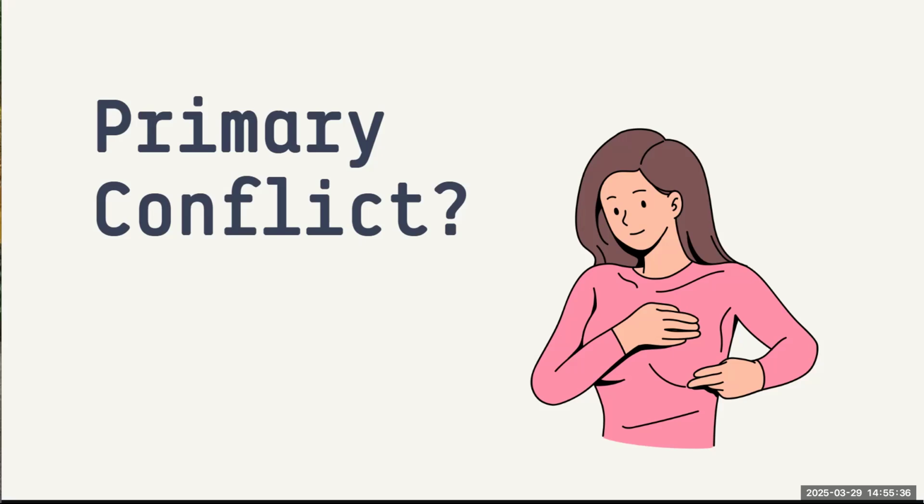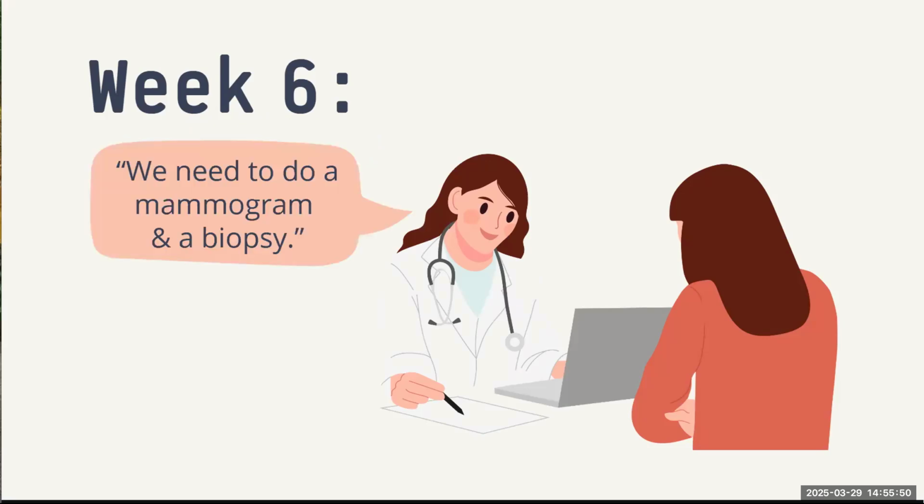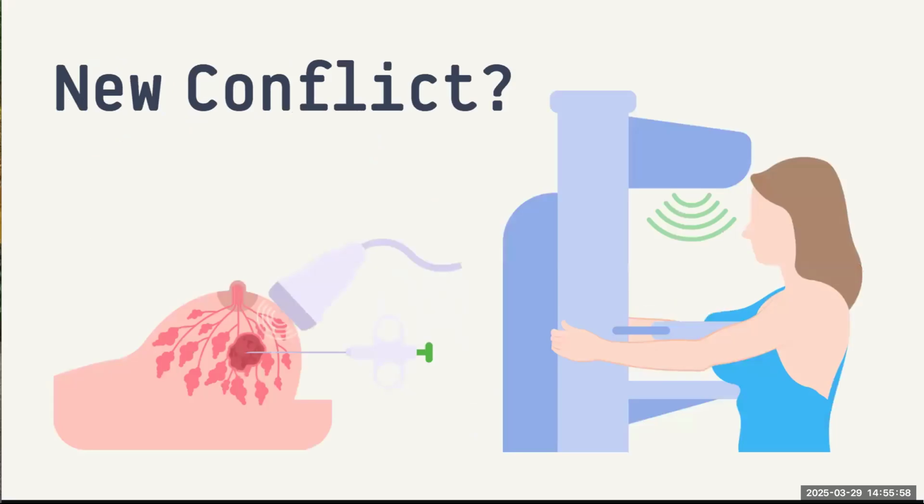Okay. Now, a few weeks later, she was due for her annual exam with the doctor, and the doctor detected that firm area in her breast. So the doctor orders a mammogram and a biopsy. What do you think will be her new conflict?